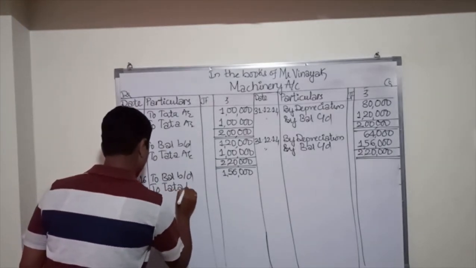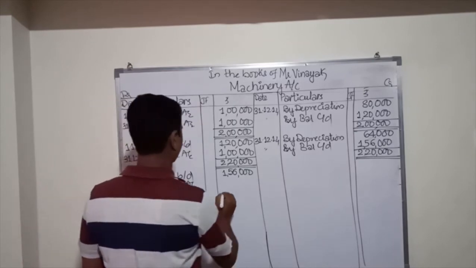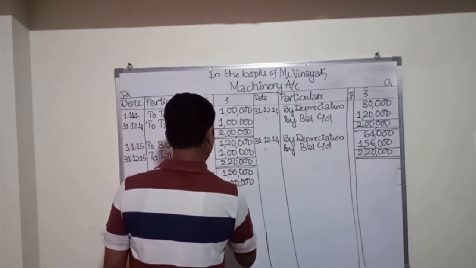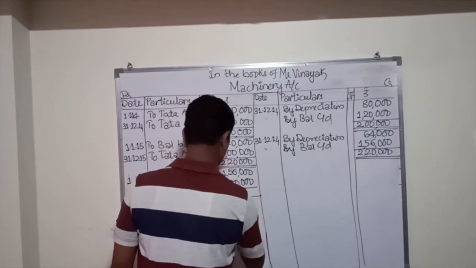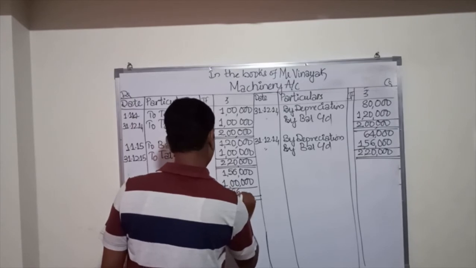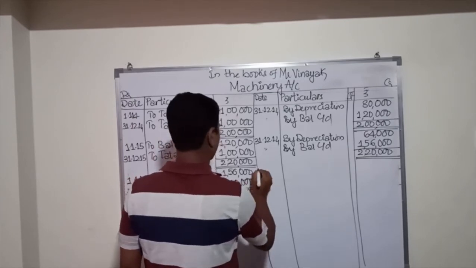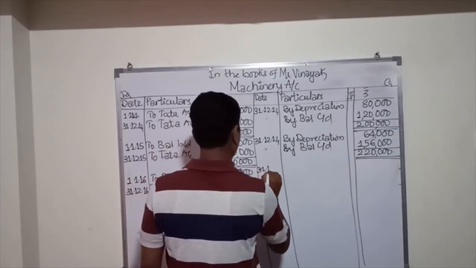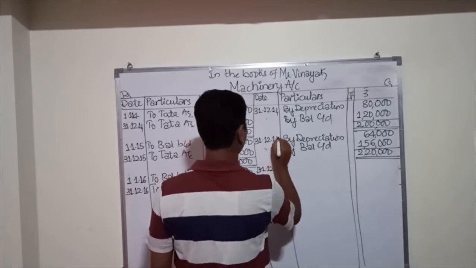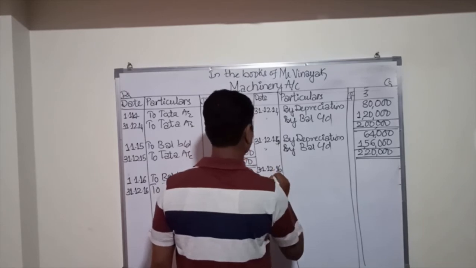So to Tata's account. Again the installment remains same here. So 2,56,000. So on 31/12/15, this should be 15, this should be 16.